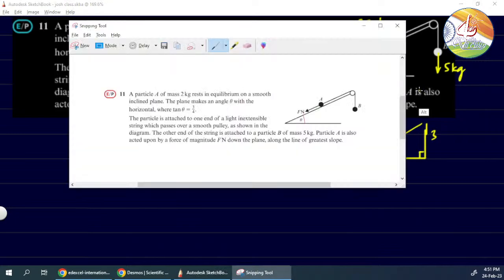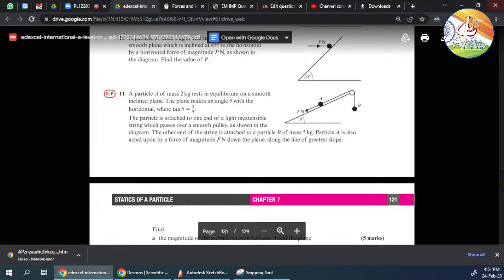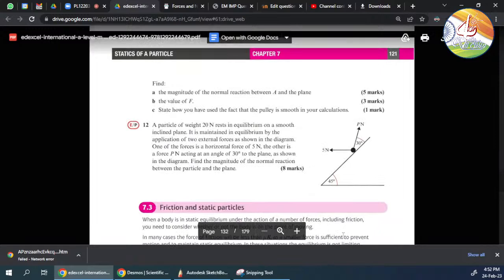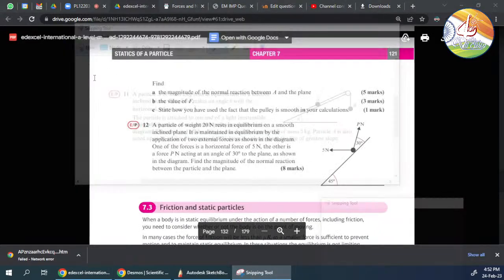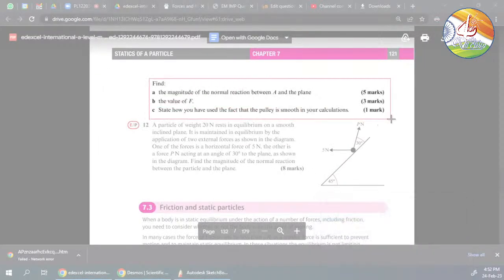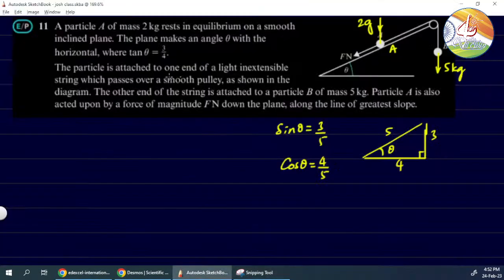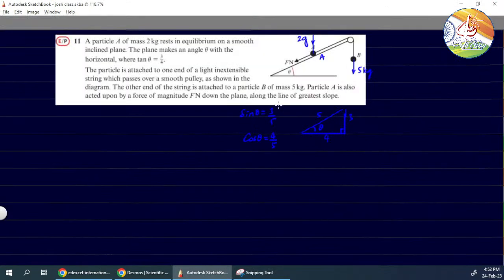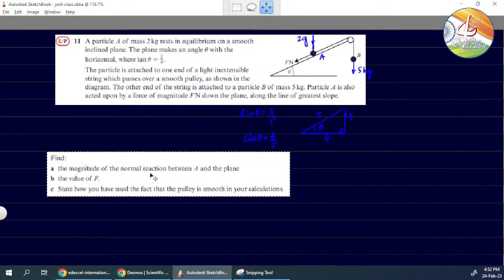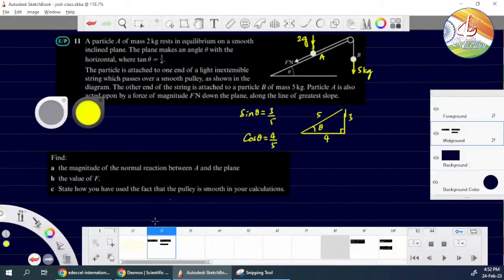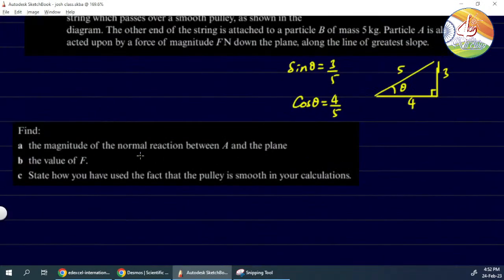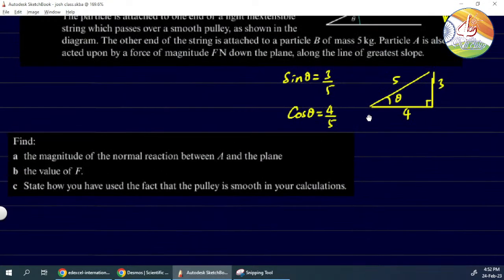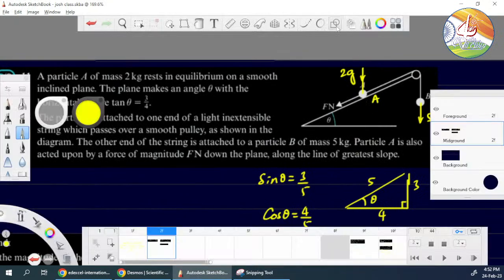I think that part of the question is on the next page. So this is all we have to find. First we have to find the magnitude of the normal reaction.